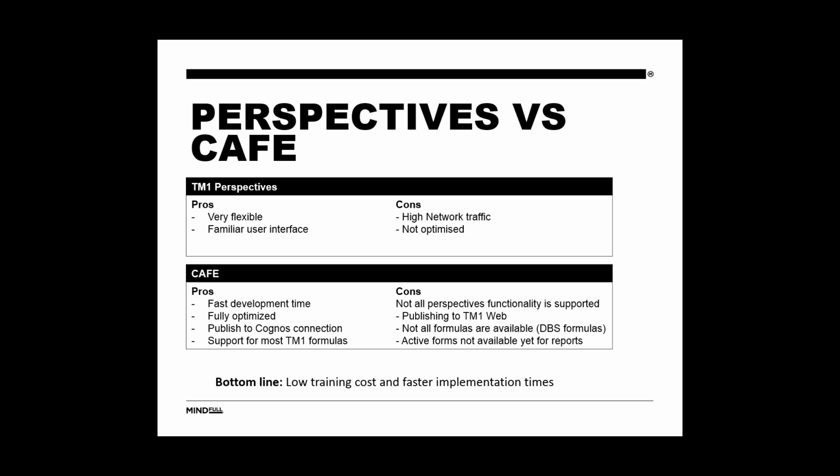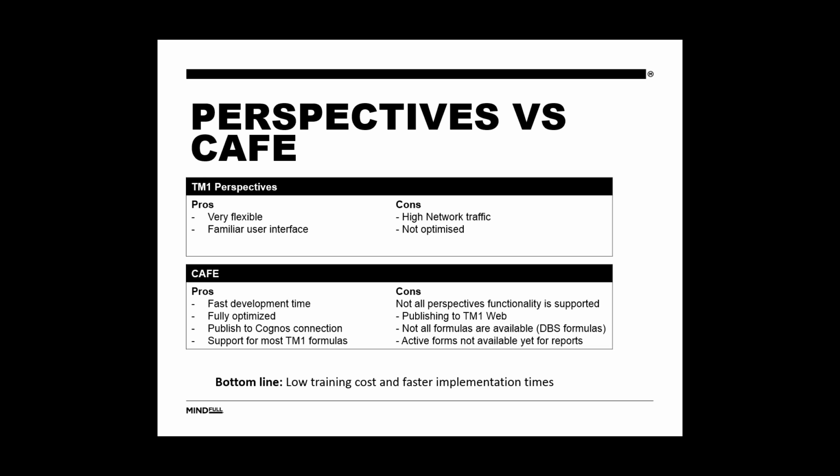Using Excel and that sort of setup with the Perspectives client just doesn't work very well. It's not optimized. With Cafe, you'll get very similar performance wherever your users are. It essentially uses web services to transfer the data backwards and forwards, and they're very streamlined packages that it's using to transfer back and forth to the server when it's just returning some data and displaying it in the views and so forth.